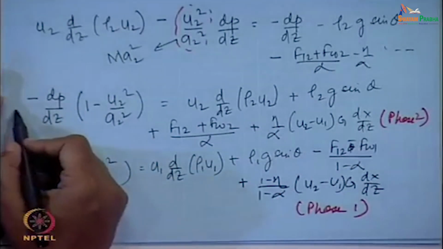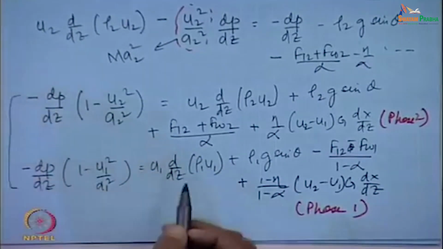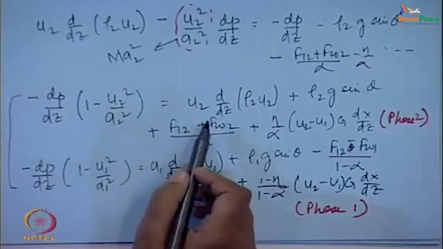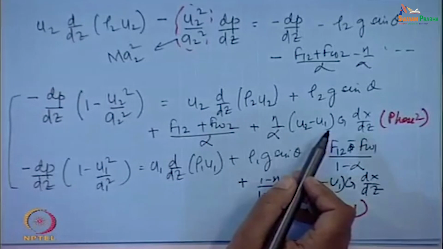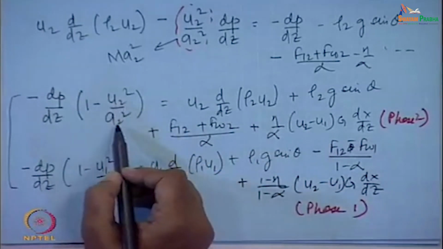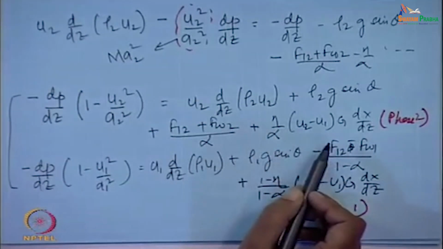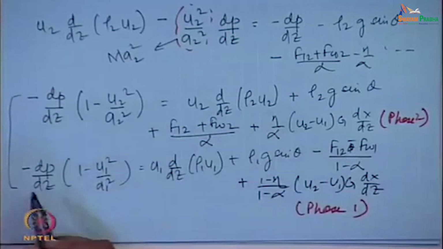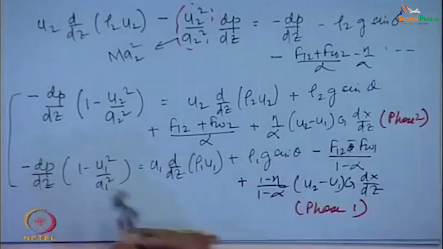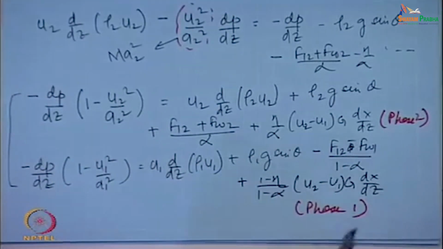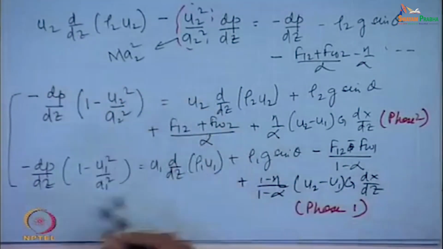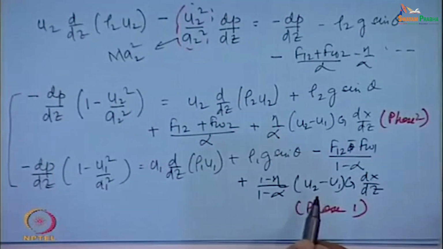So from these two equations, what do I get? When is phase 2 choked? When u2 square equals a2 square, all of us know it, and we have derived it from this particular equation. When is phase 1 choked? When u1 square equals a1 square, this also all of us know. When is this two phase system getting choked?